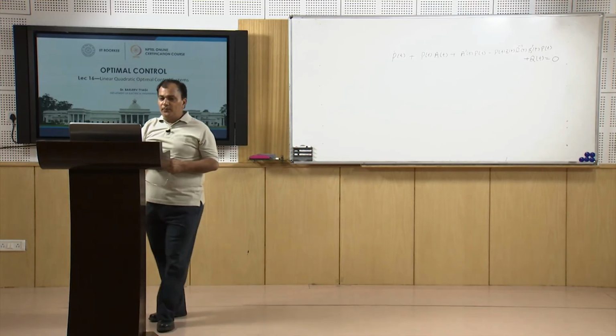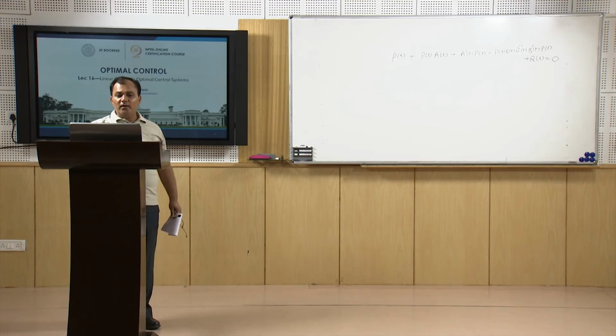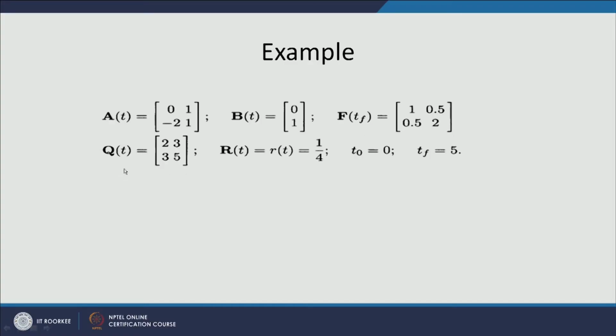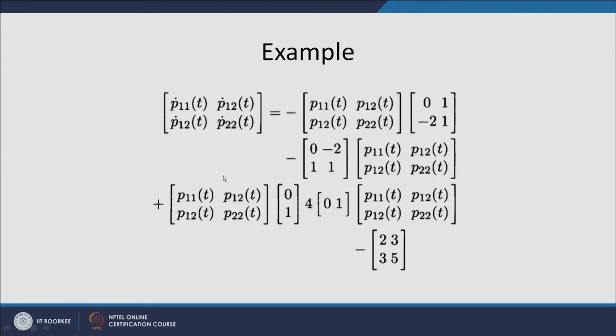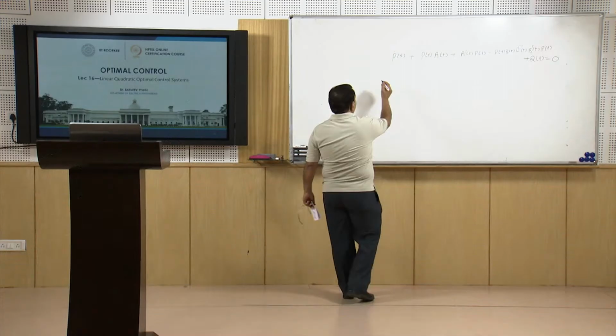So, in this if we put the values of A, B, F, Q, R, because A, B, Q, R are required here, my equation will be obtained. So, now what actually will be my P?